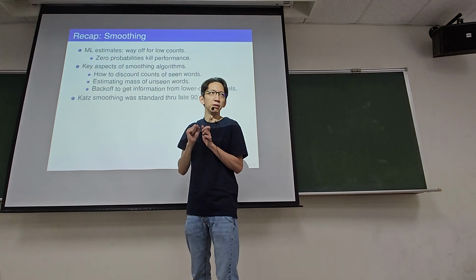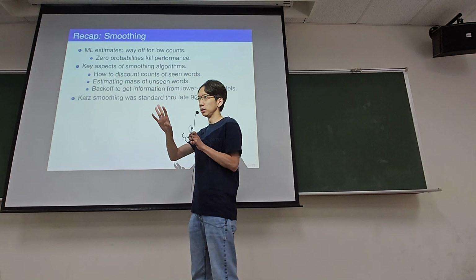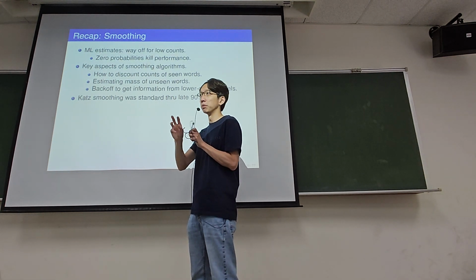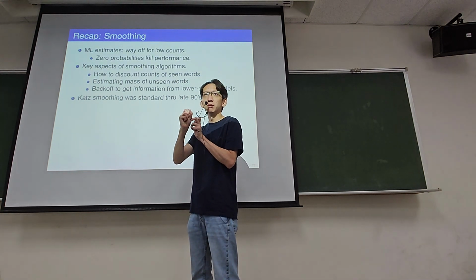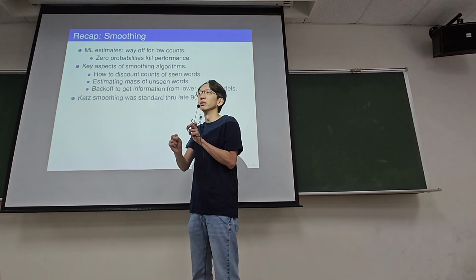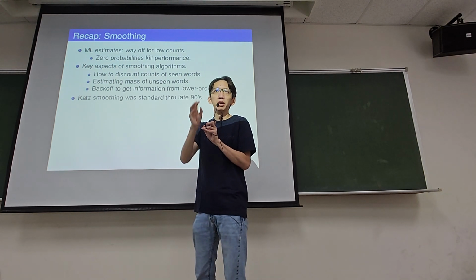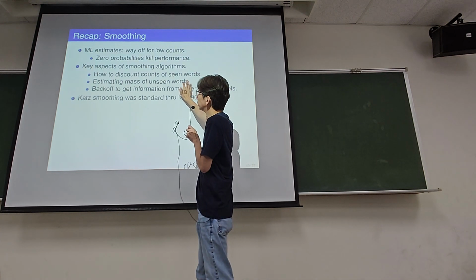Discount means taking away some of the money from those that have counts. Taking away is fair, fair meaning higher probability counts maintain high probability, and lower probability counts still maintain low probability. But you take away some of those, because once you do, you can assign that to the zero count. So those zero count trigrams will have some count, because you took some part out from the others.